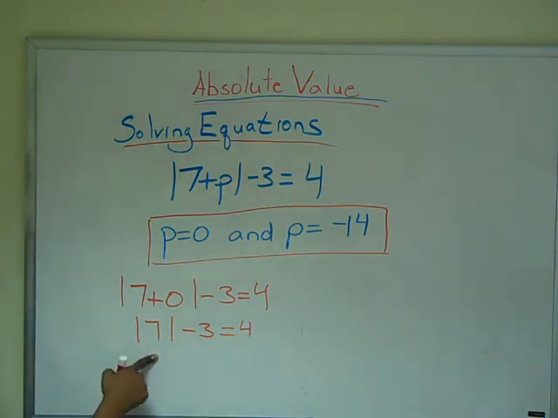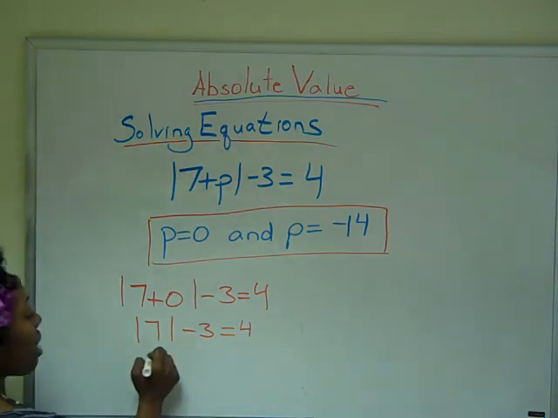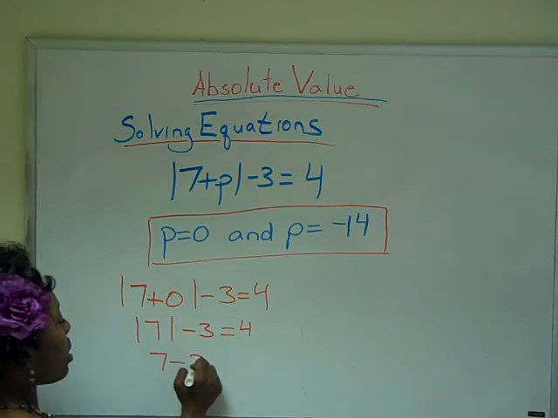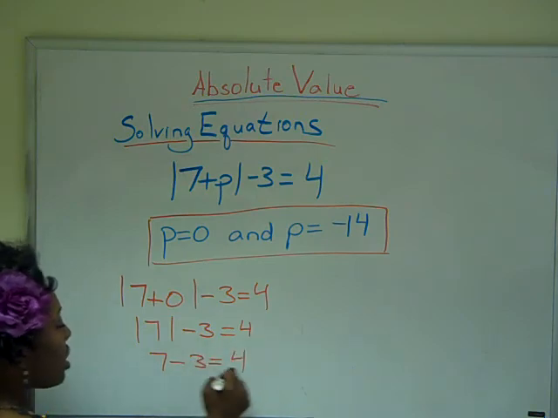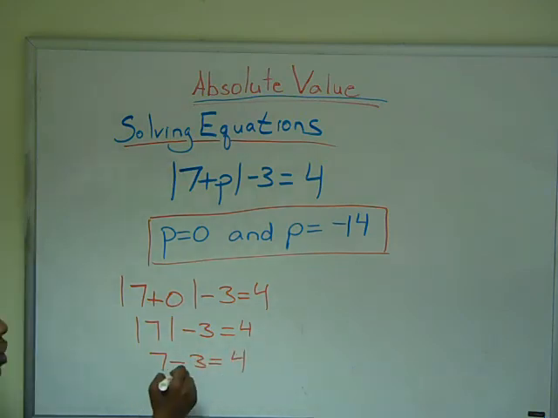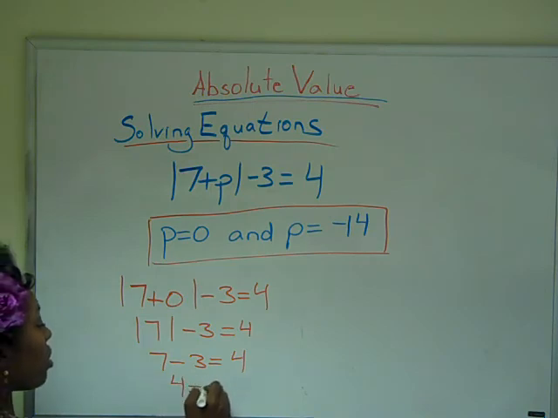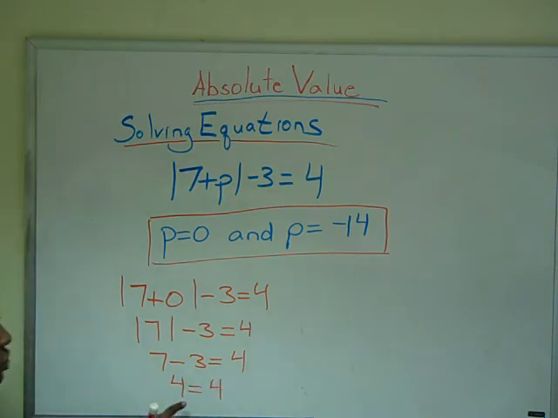The absolute value of 7 is 7. So we have 7 minus 3 equals 4. 7 minus 3 is indeed 4. 4 equals 4. So that equation is true.